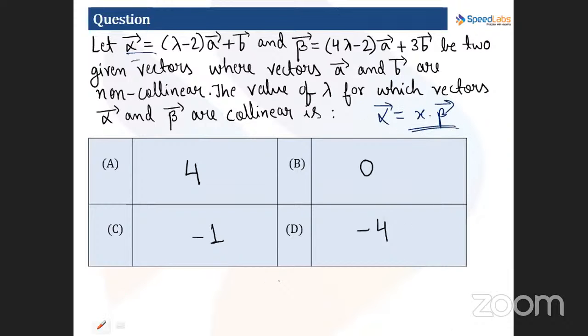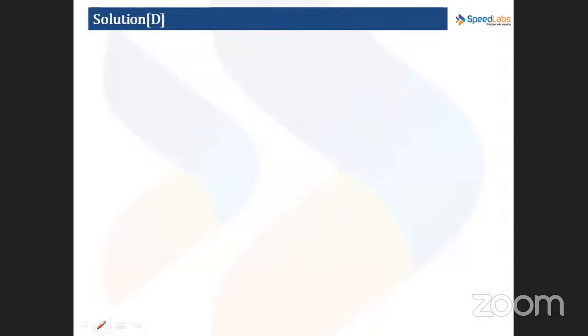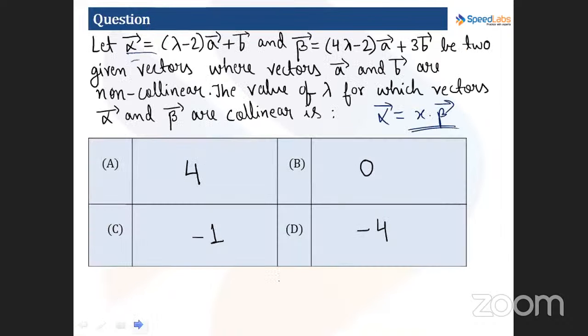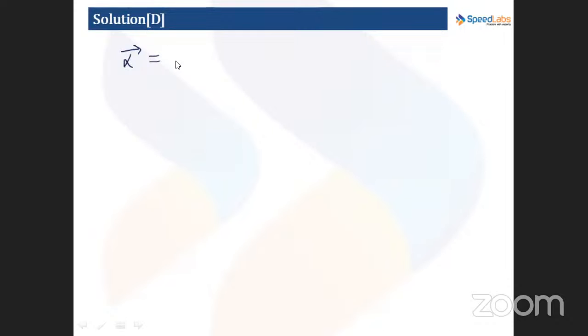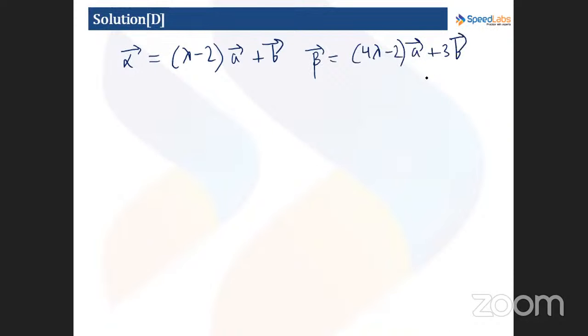So let's write it now. What was alpha vector? Alpha vector was (lambda minus 2) a vector plus b vector, and beta vector was given as (4 lambda minus 2) a vector plus 3b vector.